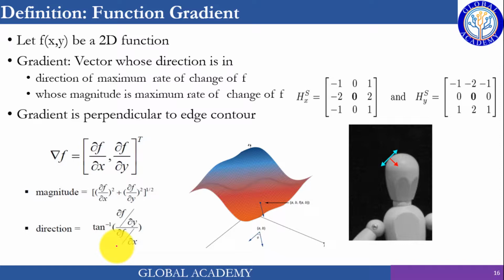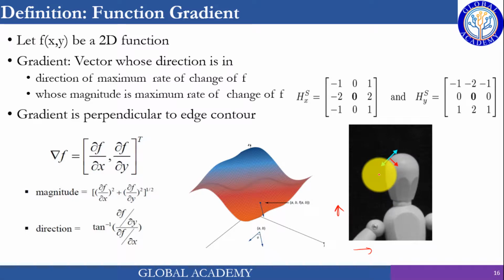So let us consider this function of two variables f of x, y. Remember, our images are also functions of two variables, x-axis and y-axis, but they are not plotted as a 2D function. Rather, we display images as color-coded images.